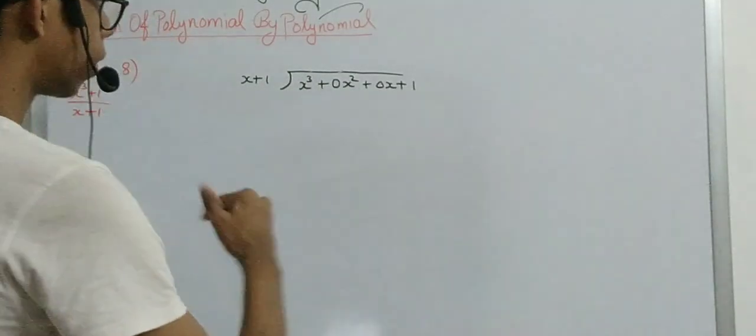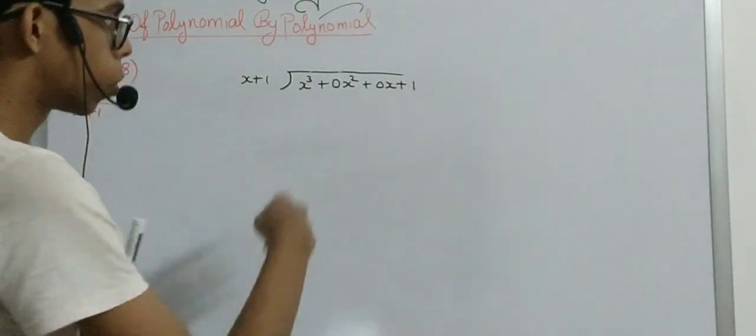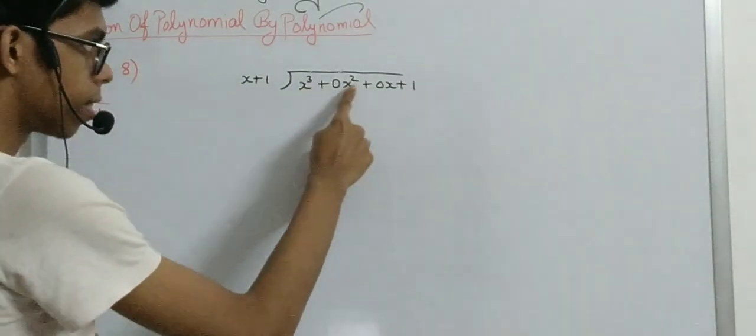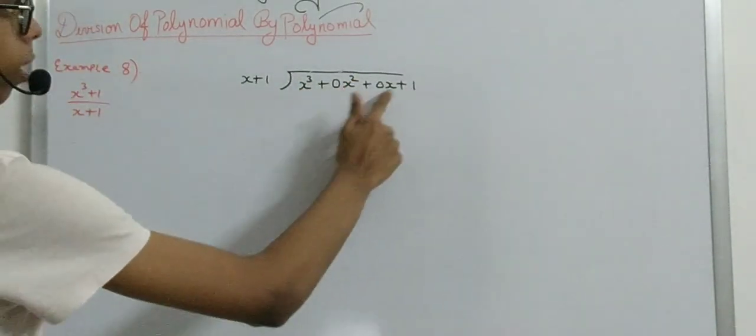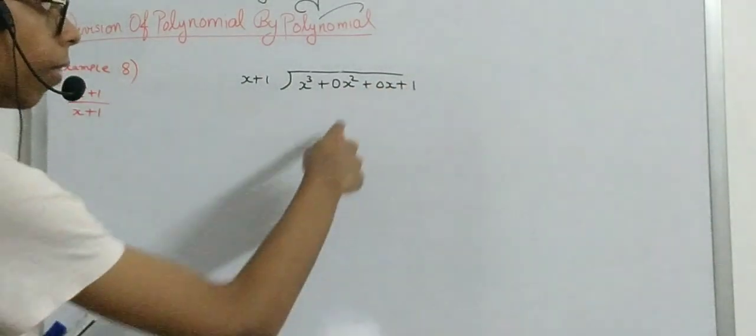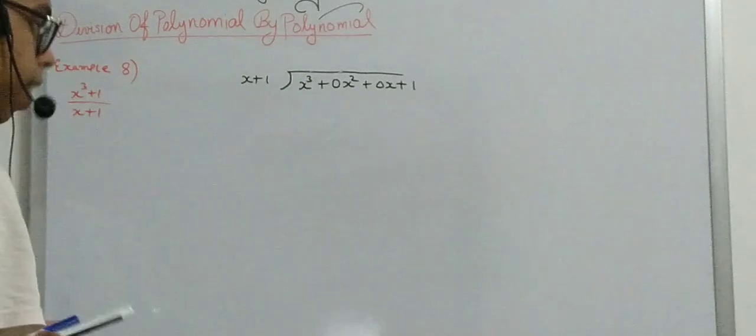Okay, so when we write in standard form, always go to the descending degree. So you should start from x cube plus 0x square plus 0x plus 1. Okay, since x square term and x term was not there, we just put a 0 over there. Okay, that is the first step, write in the standard form.